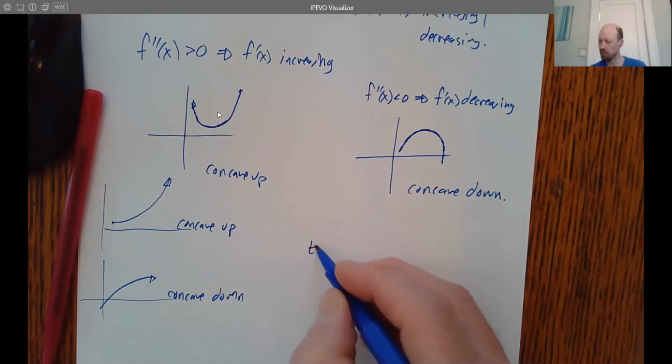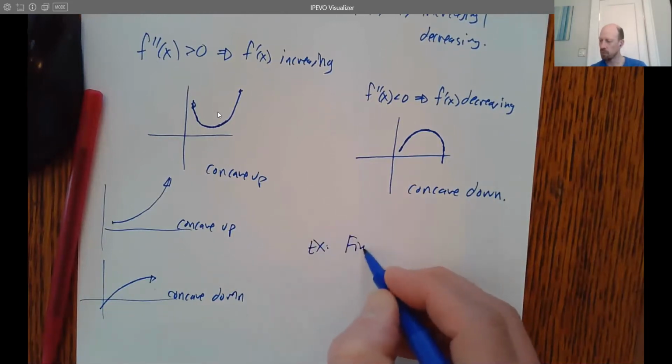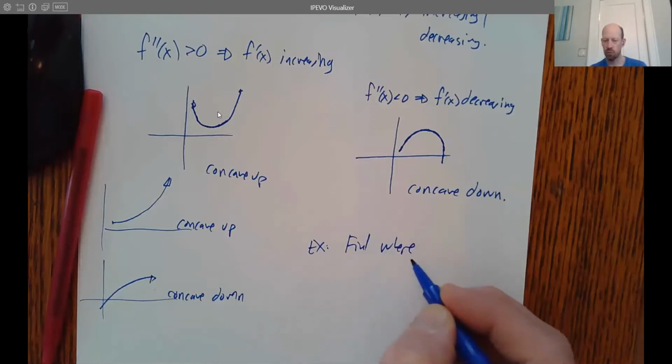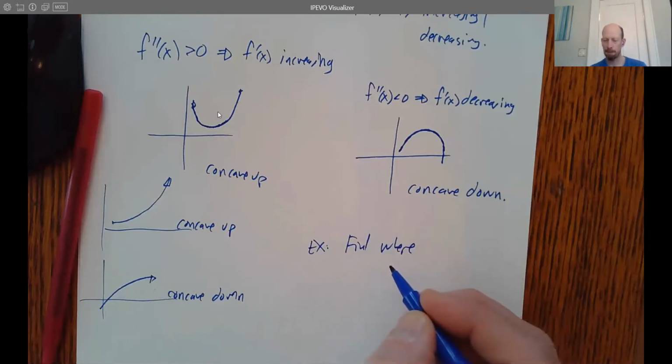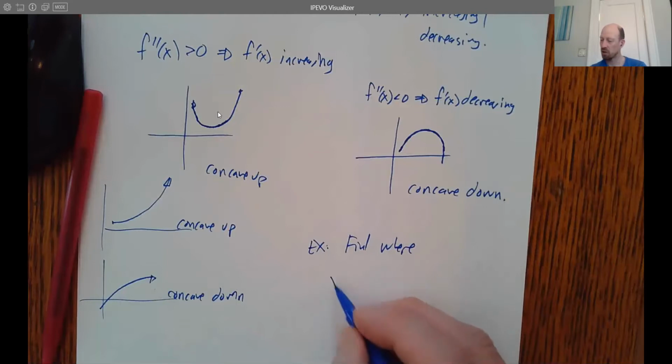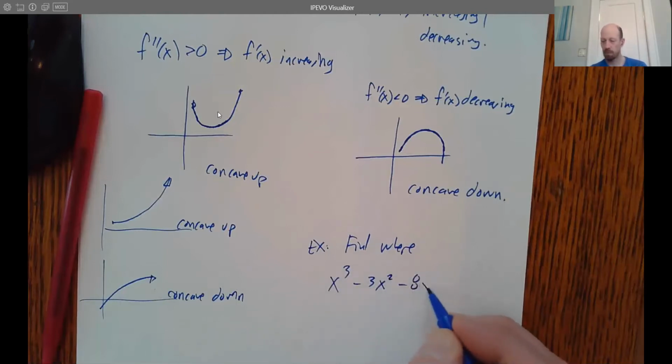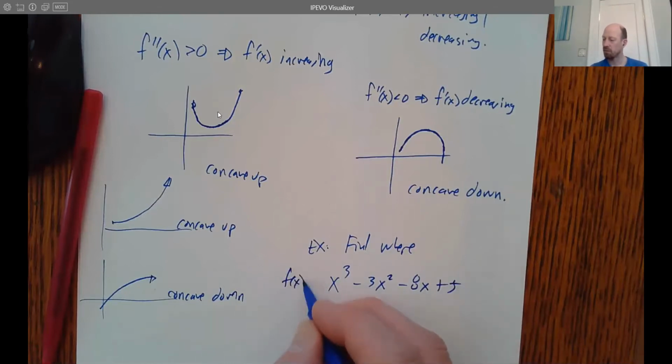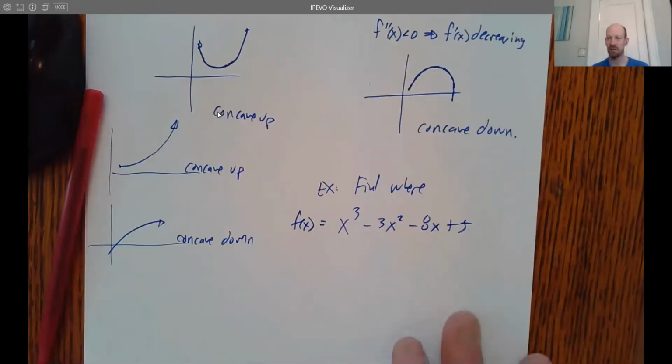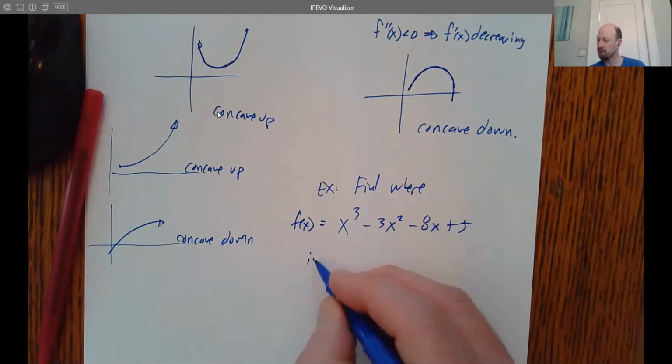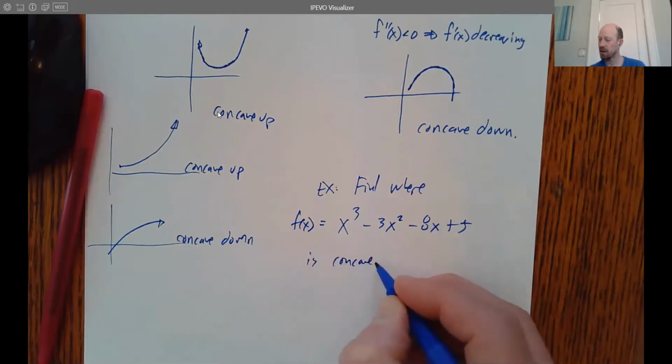Let's try an example then. Let's look at our original function here that we started with. Even though it kind of messed me up when I picked it before, I'll give it a second chance. So find where this function is concave up.